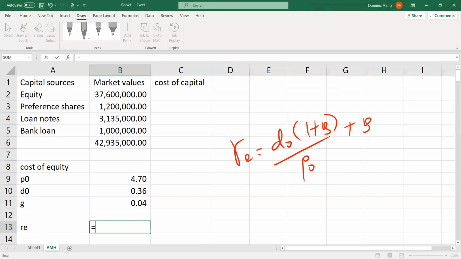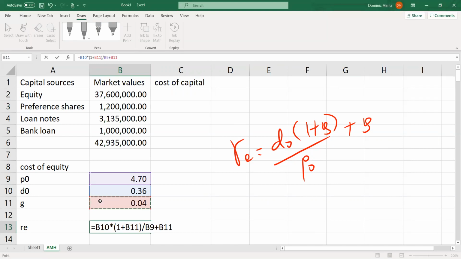So it's equal to D naught, we have it here, multiplied by 1 plus G, G is here, divided by P naught, plus G. I just want to use the figures I've already calculated, and that's the cost of equity.